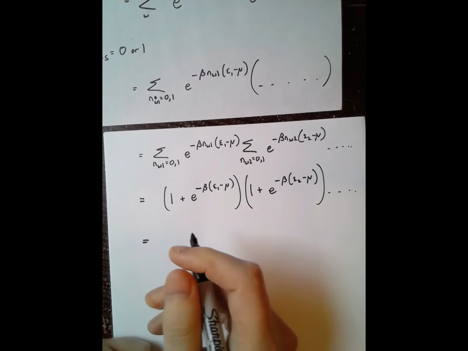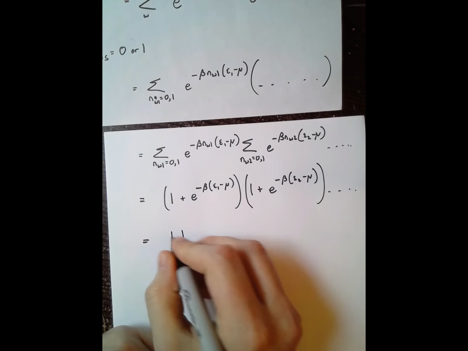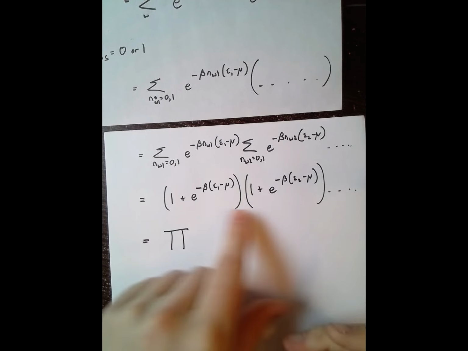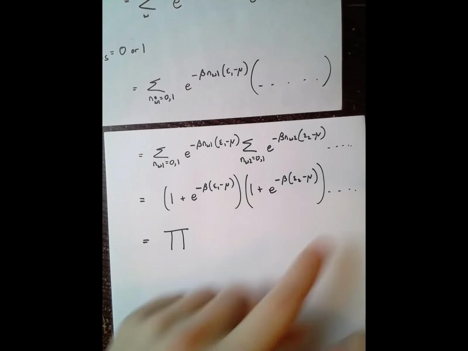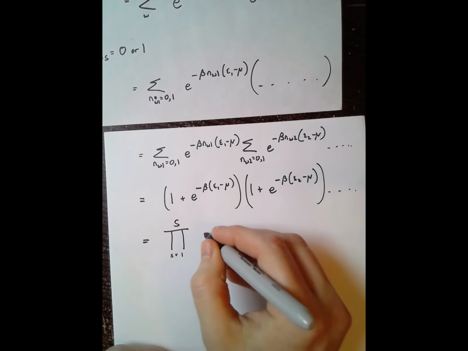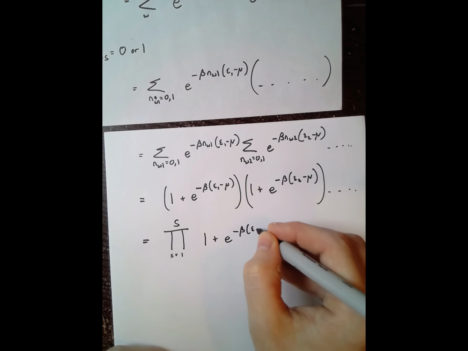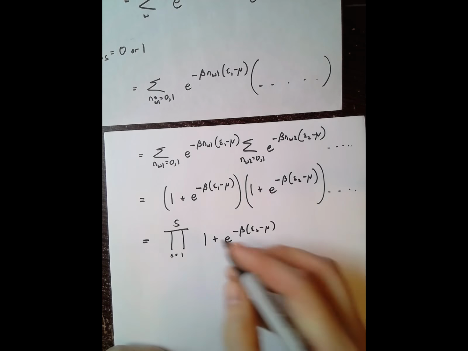So you've got a product now, and the product is over each state. So this is state 1, this is state 2, and so on. So this is the product over s equals 1 to big S of (1 plus e to the minus beta (epsilon_s minus mu)).